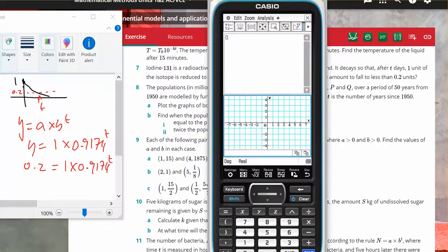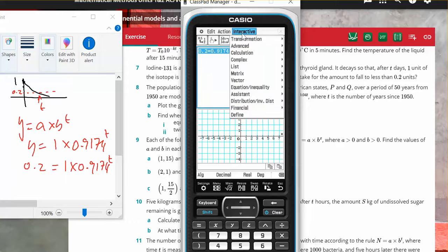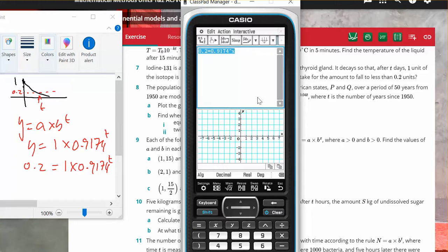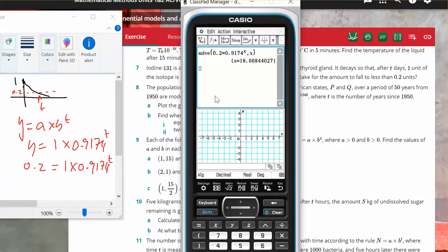So I'm going to type that in: 0.2 equals, I don't even need the 1, because 1 times anything is just the same thing, 0.9174 to the power x. I'm going to go Interactive, Advanced, Solve. And as you can see, after 18.668 days, so when t is greater than 18.668 days, if you're rounding it, then you'll say t is greater than 19 days.